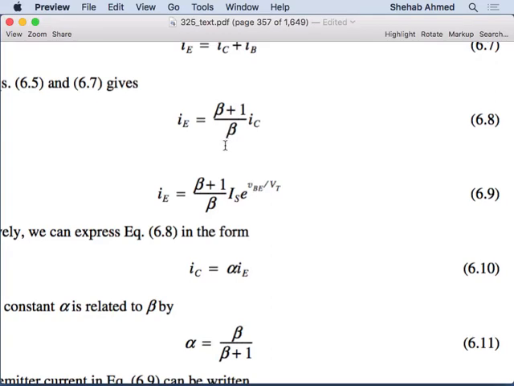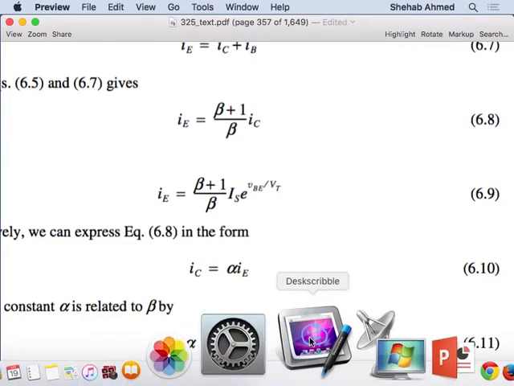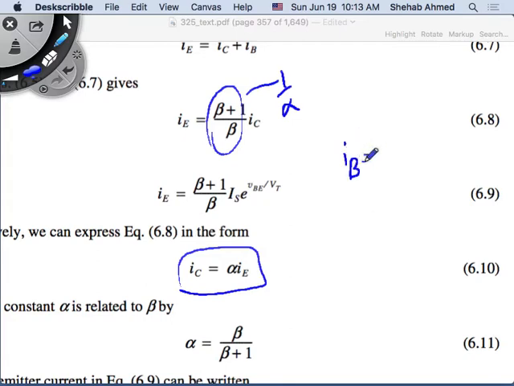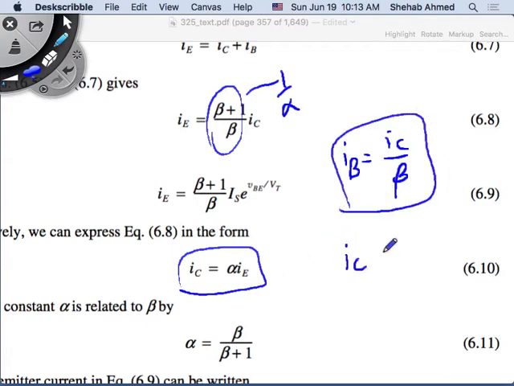Okay, so it's just another term that relates your collector current and emitter current. If this is 1 over alpha, then IC is equal to alpha times IE. So IB and IC are related by beta, and IC and IE are related by alpha, and alpha is in terms of beta.